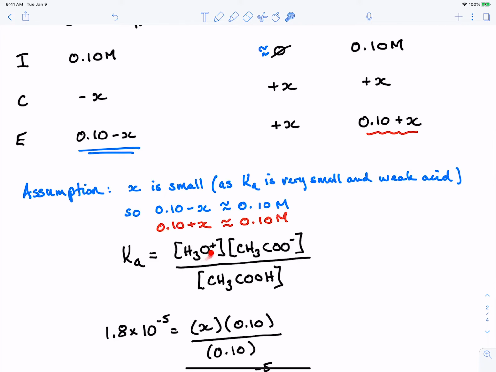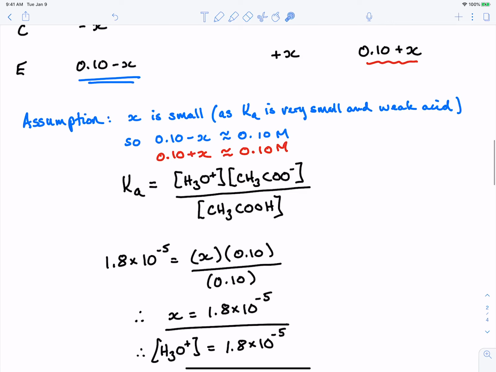Hydronium ion is X, acetate is 0.10 plus X, and because we're assuming X is small, this value is 0.10. It's divided by the concentration of acetic acid, and we've assumed that the concentration of acetic acid at equilibrium is approximately equal to that at the beginning.